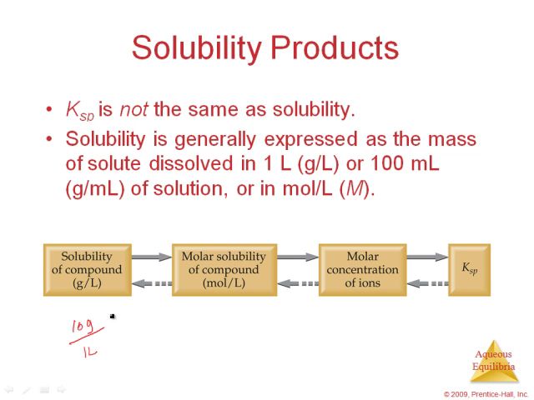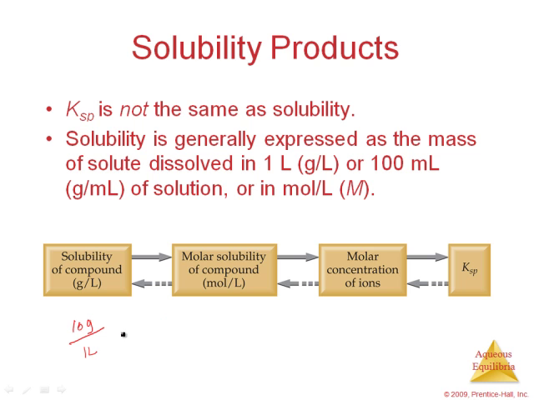Now, you can convert grams of NaCl to moles of NaCl using the molar mass. NaCl is 35.5 plus sodium, which is 22.99, so it should be about 55. We don't need the exact value now.